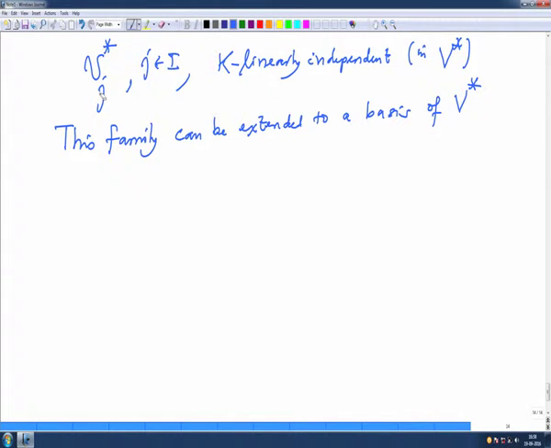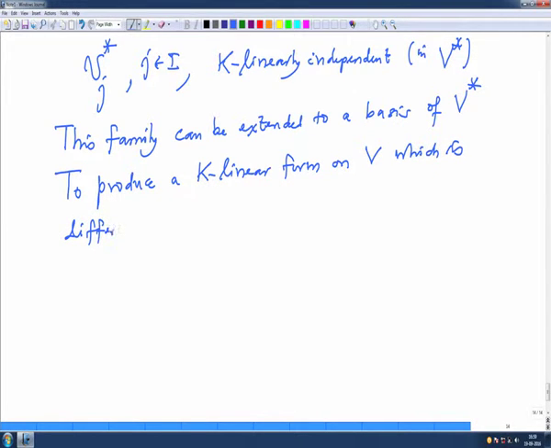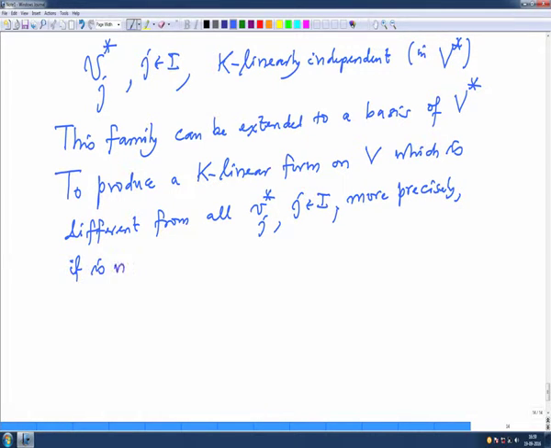So, I have to produce a k-linear form on V which is different from all v_j star, j in I. Not only different from all these, but more precisely, it is not in the subspace generated by v_j star.